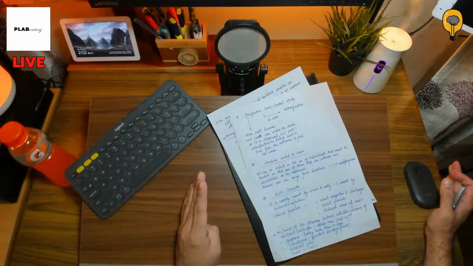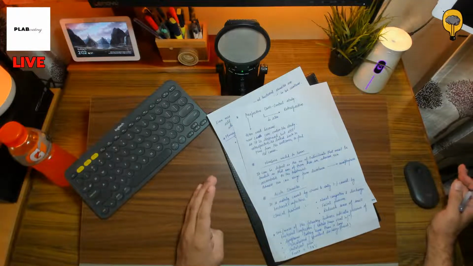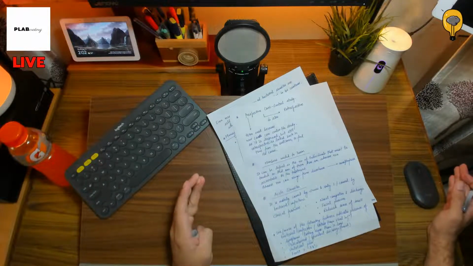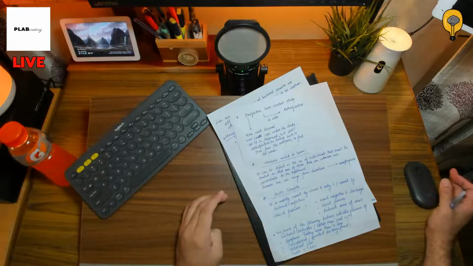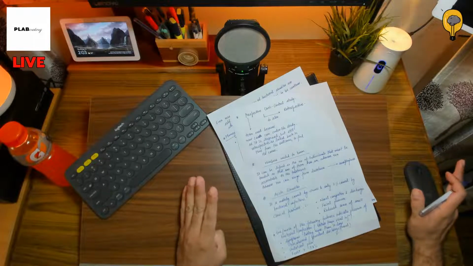So these are the things which will point towards bacterial infection. But most of these uncomplicated bacterial sinusitis cases are also self-limiting in nature. Therefore, we have to be very cautious while prescribing antibiotics.